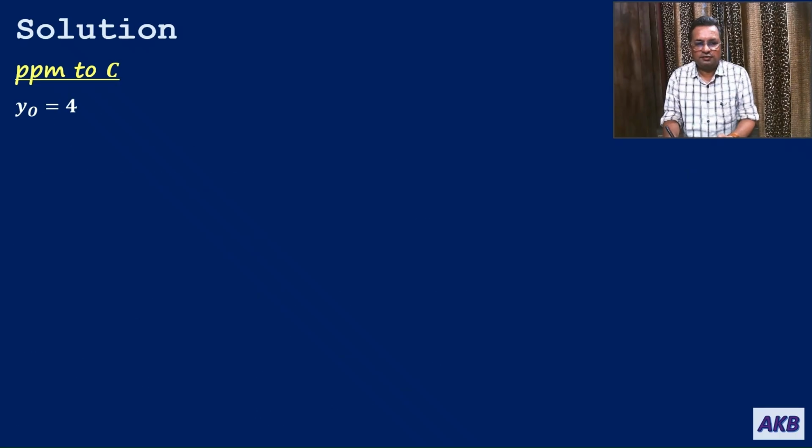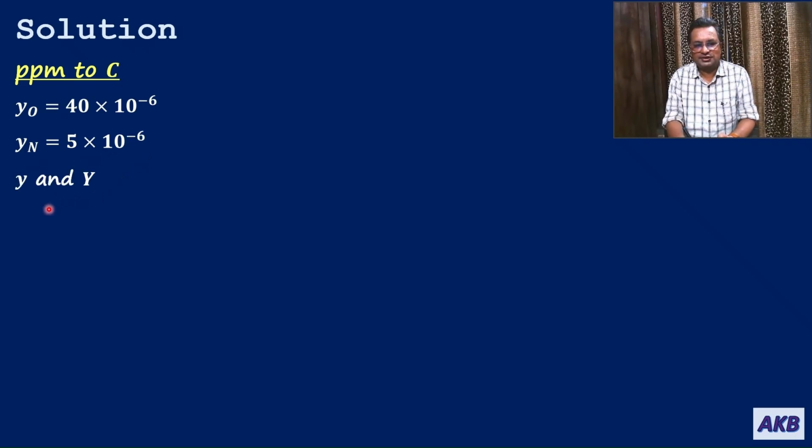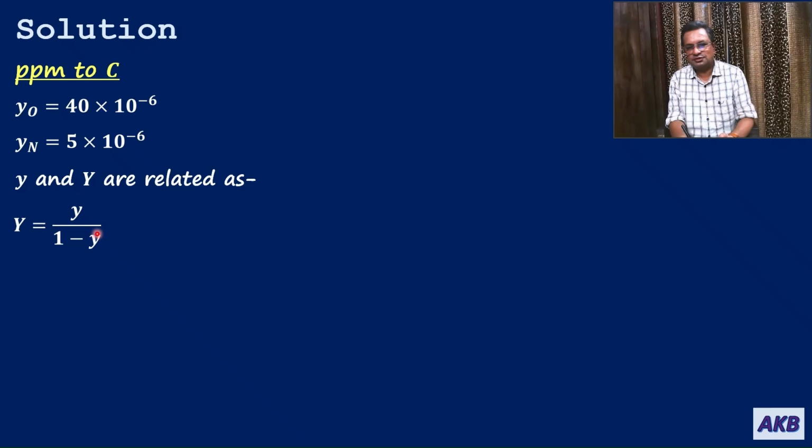So we got small y0 as 40 into 10 to the power minus 6, then small yn as 5 into 10 to the power minus 6. Now small y and capital Y are related by this equation: capital Y is equal to small y upon 1 minus small y. How to get this equation? For that, please watch my earlier videos.